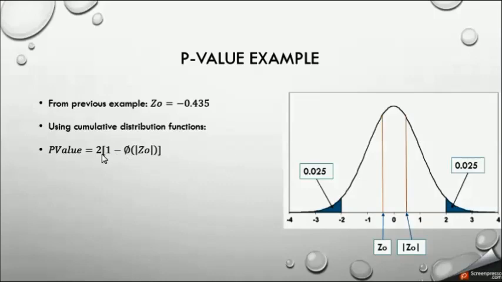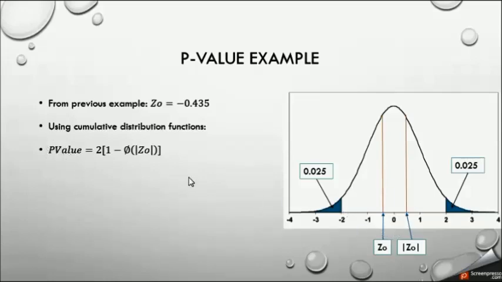If we multiply by 2, we have the area to the right of this brown line plus the area to the left, because the standard normal distribution is symmetric around 0. So the right side is exactly the same as the left side, symmetric around the mean value, which is 0.